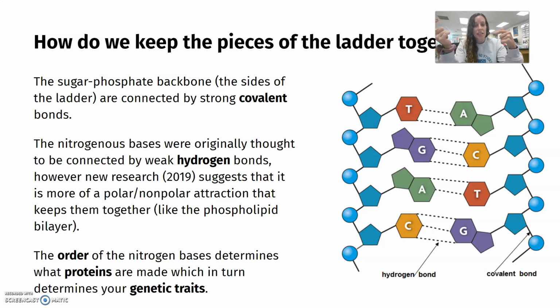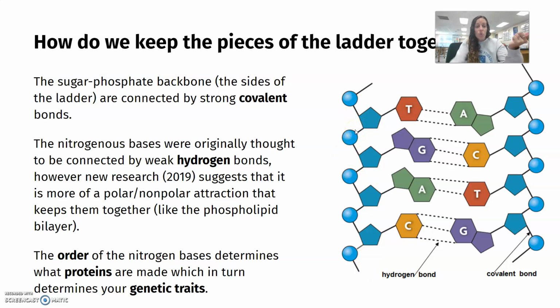Same type of idea that keeps them together. However, for your EOC, you will need to know that these are hydrogen bonds. We've discovered that they're not, but for all intents and purposes of this test, you need to know that hydrogen bonds go in between the nitrogenous bases and covalent bonds connect the phosphates to the bottoms of the sugar.